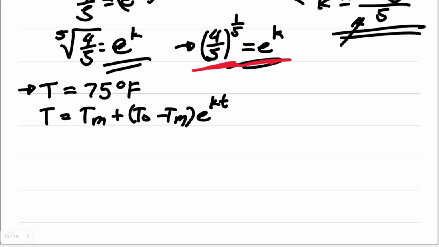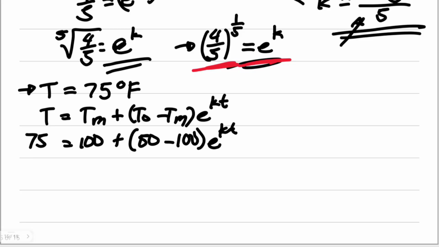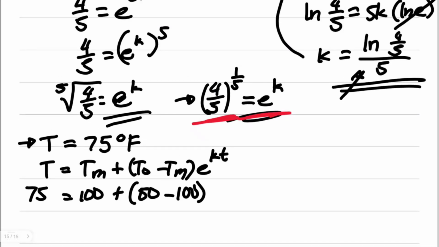T sub m is still 100, the initial temperature is still 50, so we have 100 plus 50 minus 100 times e to the power of kt, right? But e to the power of kt will now be changed. I'm going to use 4/5 to the power of 1/5, raised to t.